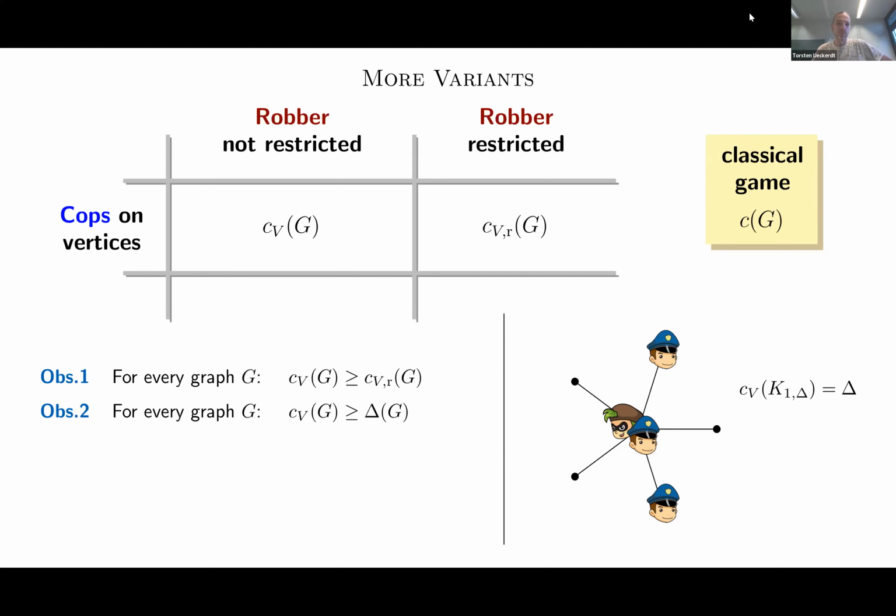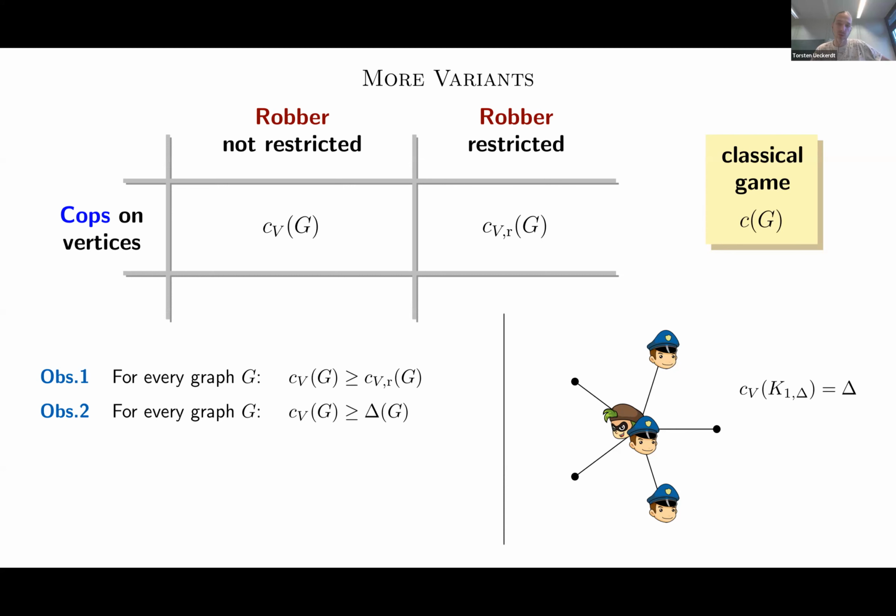For instance, I have here a little graph. This is just the star, K of 1 delta, if you will, a star with 1 central vertex and delta leaves. In this particular case, delta is 5, where if the robber just stays in the middle, you will never surround him unless you have really 5 cops that occupy all the leaves around the center.